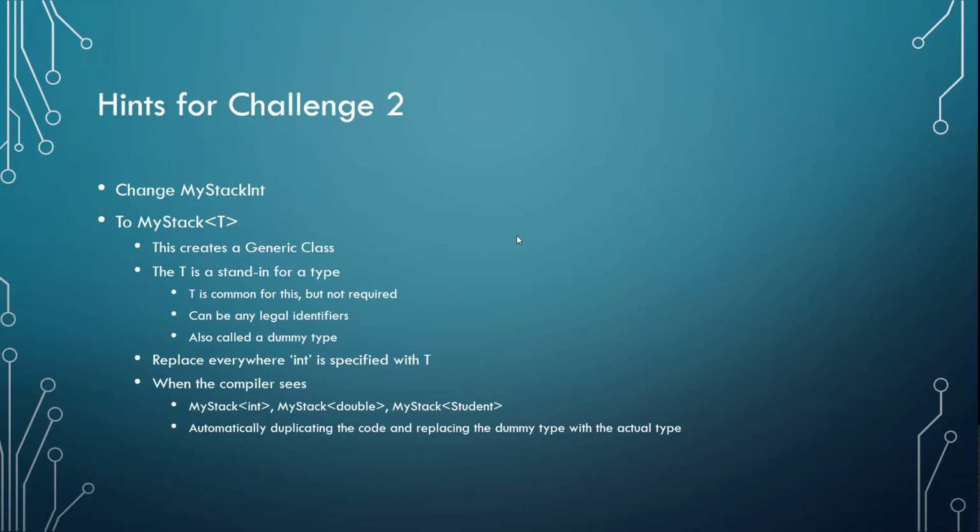So you copy MyStackInt, change it to MyStackT, and then replace int everywhere int is specified, so it was a stack of integers, replace it with a T. And so when the compiler sees MyStackInt, MyStackDouble, MyStackStudent, it will automatically duplicate the code and replace the dummy type with the actual type. So you're using the compiler to copy code, much easier and much more reliable. So pause the video at this point, and I'll come back with my solution.